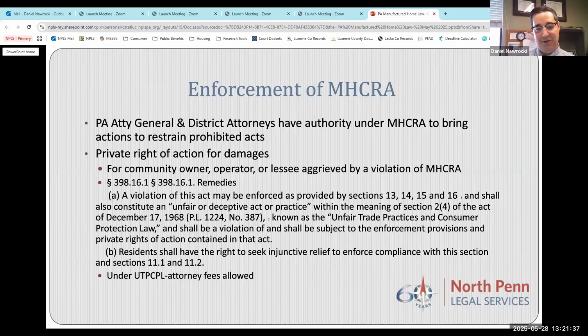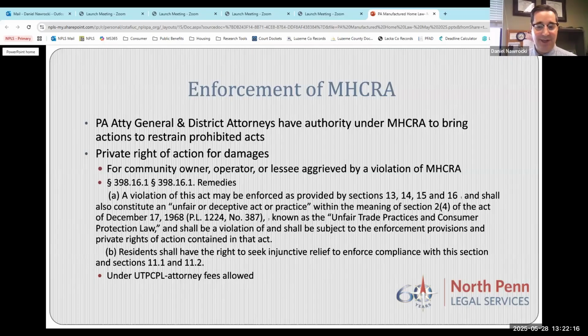So under section 16.1 of the MHCRA, it plainly states that any violation of this act will constitute an unfair or deceptive act or practice under the UTP-CPL. And so any violation of the act, not having a written lease, unequal enforcement of the rules, improper notices, anything like that, I will always include as a counterclaim if we get to the point where we're before common pleas and we're answering their complaint.